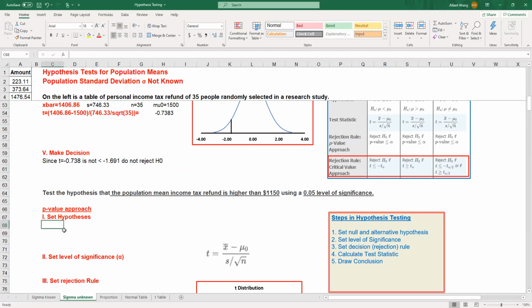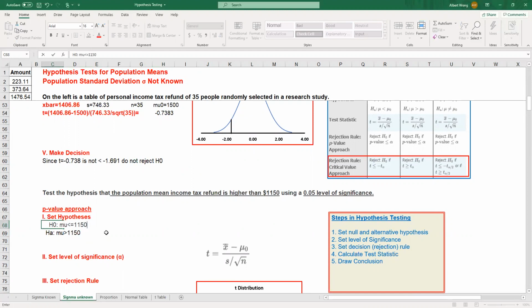Well, we do it exactly the same way. So first we write down the alternate hypothesis. The alternate hypothesis is mu bigger than 1150. And if this is the alternate hypothesis, the null hypothesis would be mu is less than or equal to 1150.